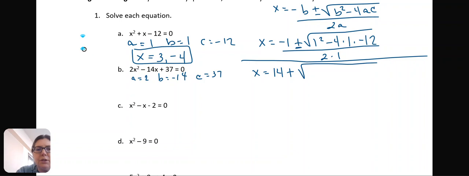The other thing here too, because B is a negative number, we have to make sure we plug it in in parentheses. Otherwise the calculator will do it wrong because it doesn't know what we mean, it just knows what it sees. So it's 4 times 2 times 37, all over 2 times 2.